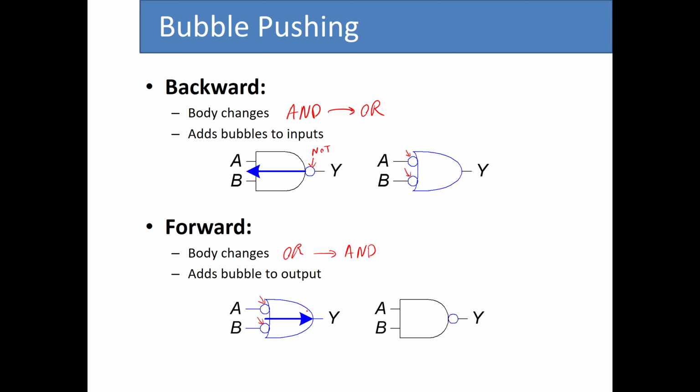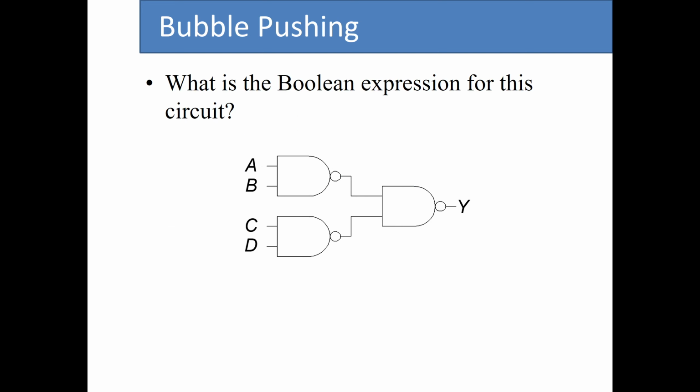So let's take a look at one example and see how this can be done. First of all, let's write down the expression for this Boolean equation, for this schematic. We have A here, we have B here, they go through an AND gate, so the output is (AB)'.